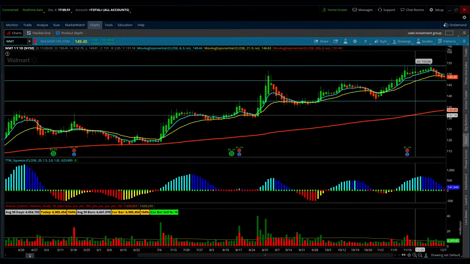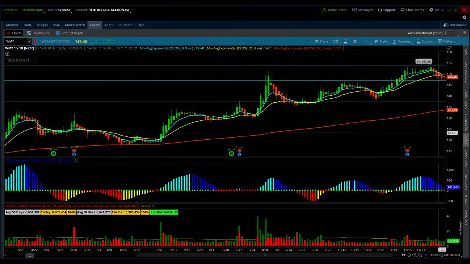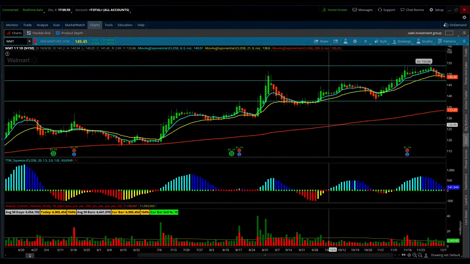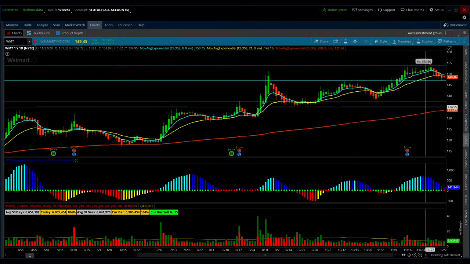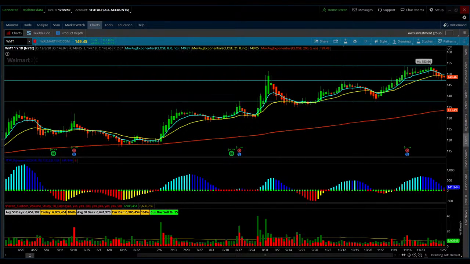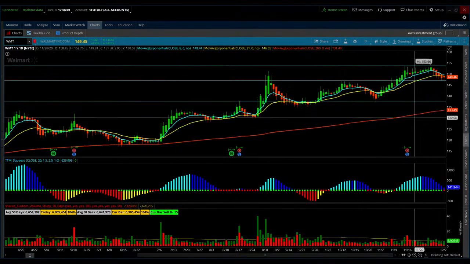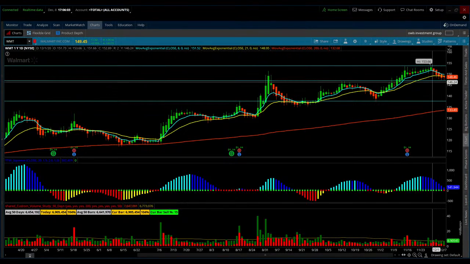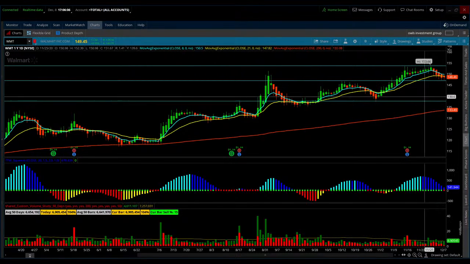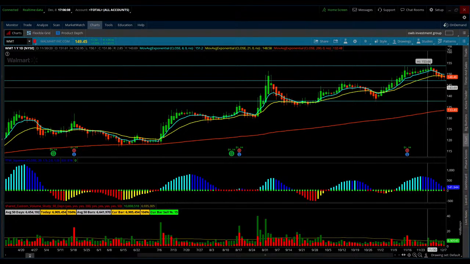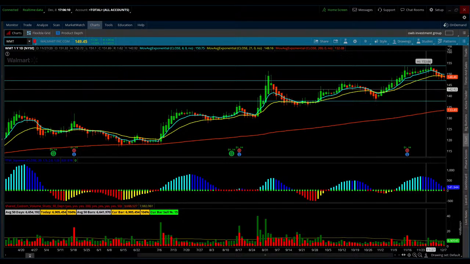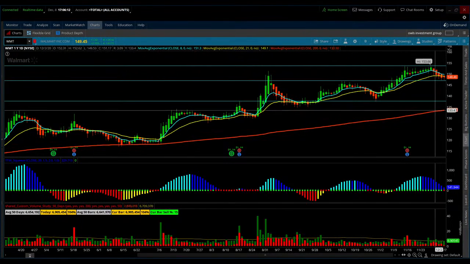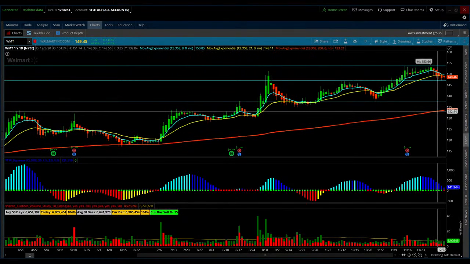The 200 can act like a support. I use the 200 as a support line. Now, as you can see, Walmart is way above the 200 moving average. If there's going to be a massive sell-off on Walmart, long term, I would have to see it below the 200 moving average.